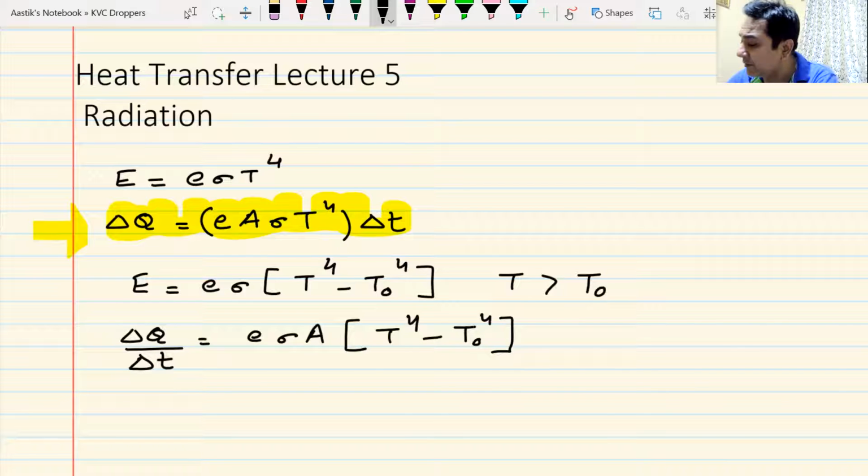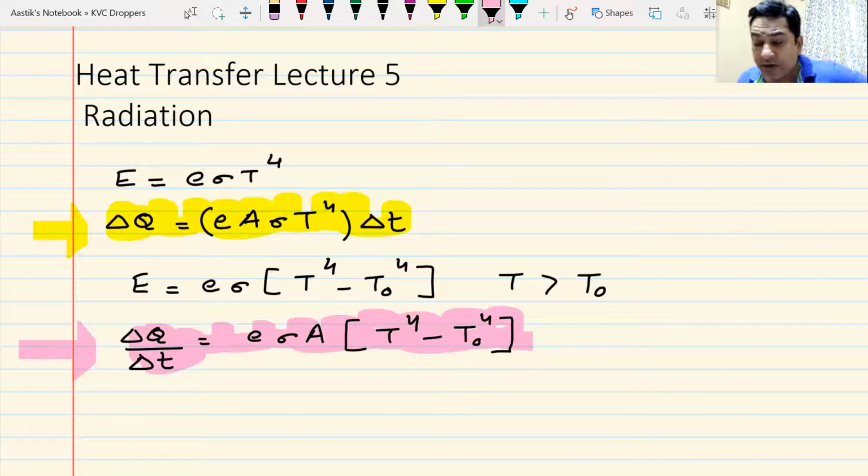Yes or no? Do we remember this equation? The equation in pink. This is the rate at which energy is gained or lost when a body is at an absolute temperature capital T and the surrounding is at a temperature T naught. From here I can derive the rate at which the temperature of the body changes.